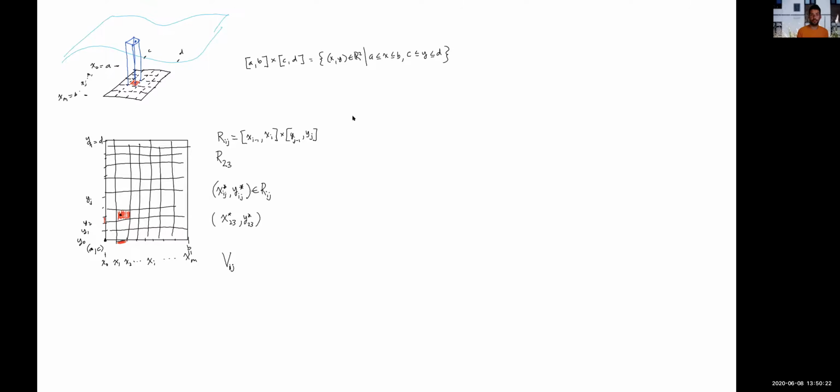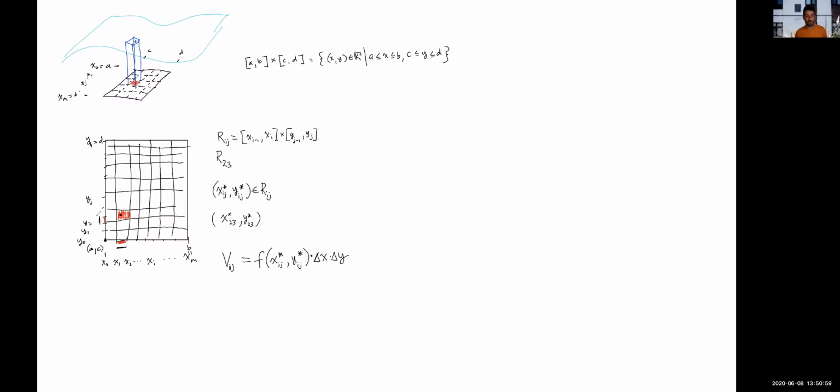That rectangular solid. So how do we figure out the volume of something like that? You take the height, which is just the function f of x sub ij star, y sub ij star, times, well, we need the area of the bottom, which is just the length and width of this little rectangle on the bottom. And this is something very familiar to us. Delta x, delta y, right? Delta x is the little change in x. Delta y is the little change in y, right?